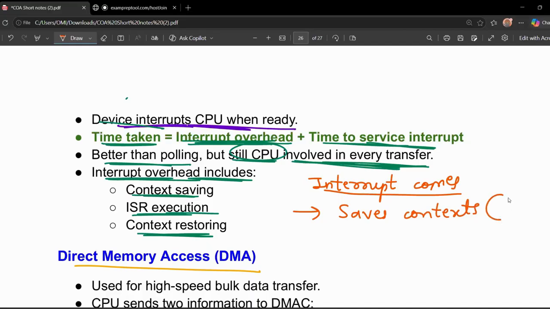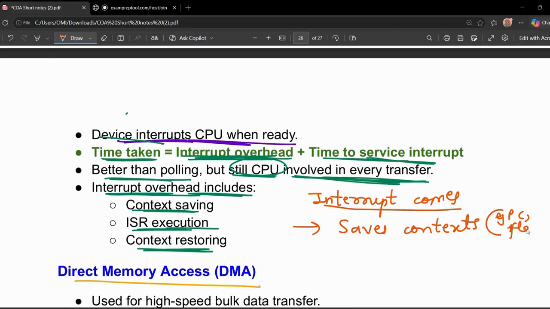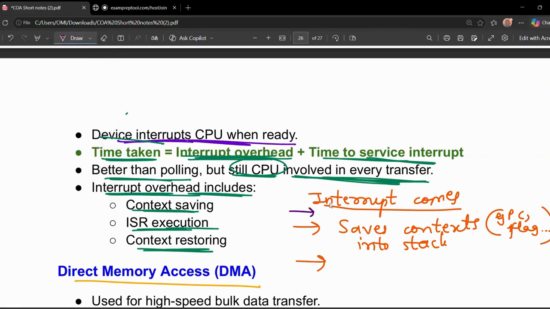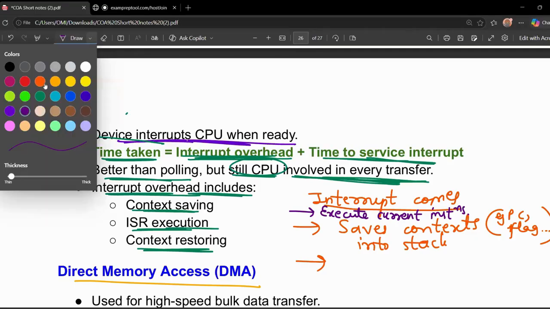In the context, you save different registers, like the PC, different flag registers, and so on.